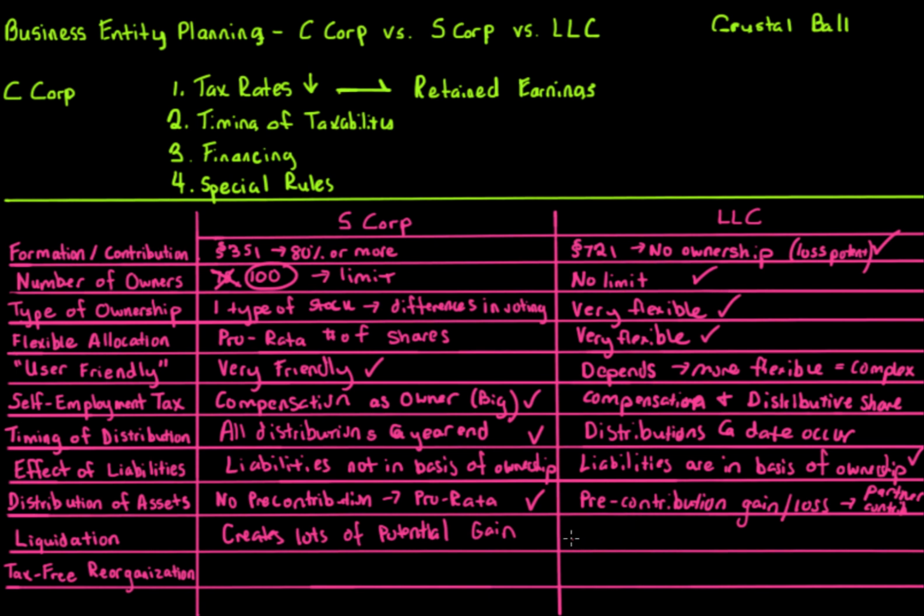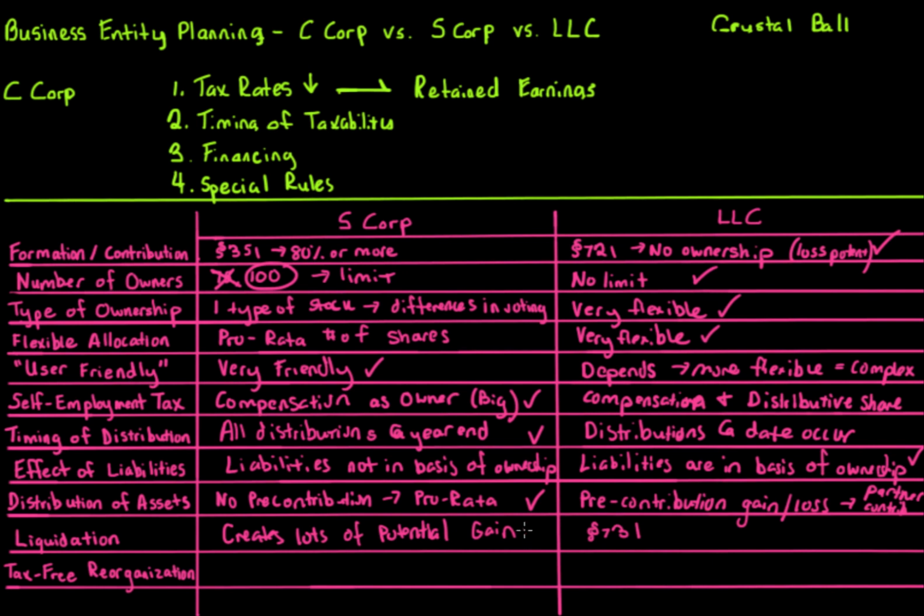For an LLC, though, if you recall Section 731, what generally happens is a partnership can liquidate and distribute its appreciated assets tax-free in most cases under Section 731. The reason is that when an asset is distributed out through liquidation, you look at the basis, and if there's enough basis, the basis can be allocated out.